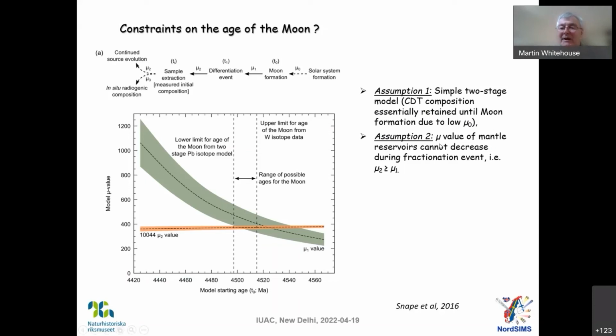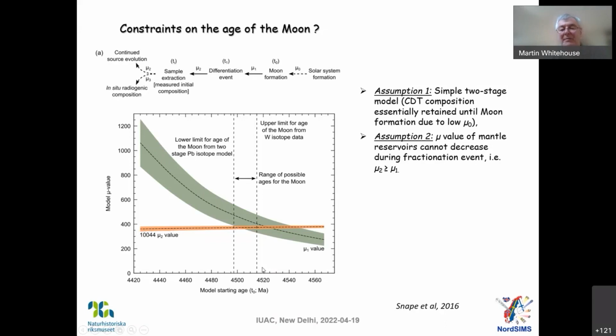Assumption 2 is that the mu value of our mantle reservoirs cannot change, cannot decrease during the fractionation event. In other words, mu2, which is between the differentiation event and the sample extraction, which is defined by our initial ratio, is greater than or equal to mu1, which is the value between moon formation and differentiation. So we have this locus of curves for mu1 in green here, and here's our least radiogenic Apollo 11 sample.